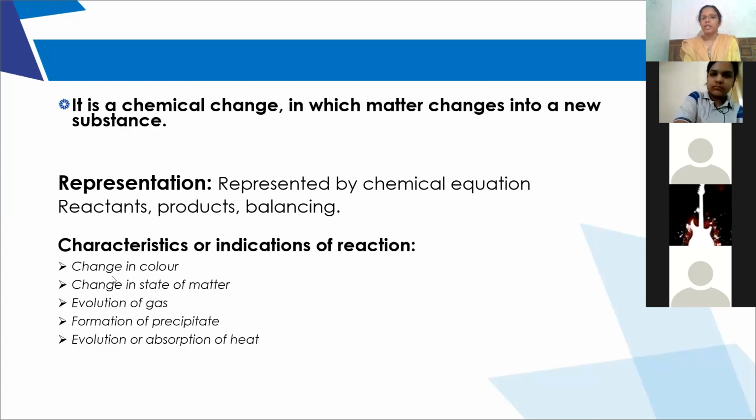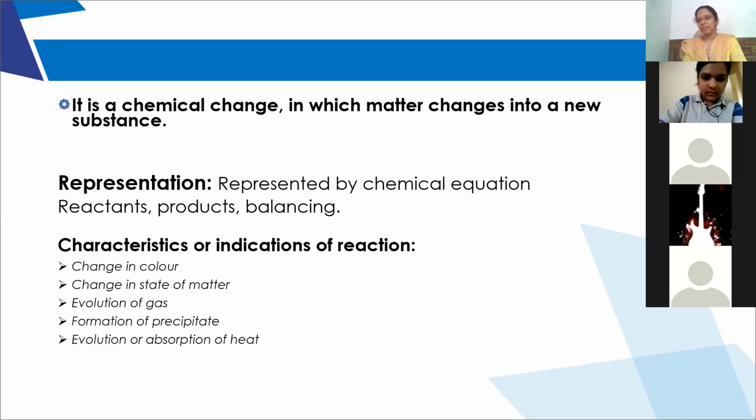First one is change in color. The second one is change in state of matter, which also indicates a chemical reaction. And the third one is evolution of gas. If gas is evolved, how do we represent it in the equation?